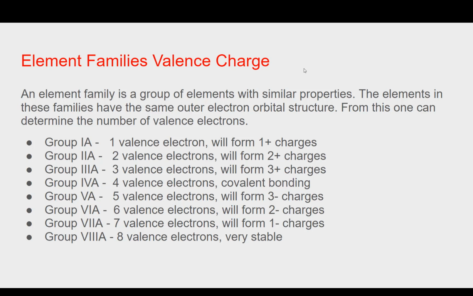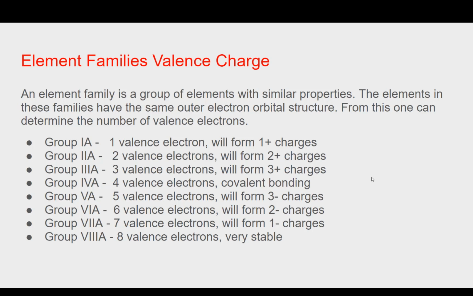What's kind of nice is that anything in group 1A has 1 valence electron, and if you remember correctly, elements like that want to be stable, so they're either going to lose electrons to attain a stable configuration, or gain. If you're in group 2A, you have 2 valence electrons, so it's going to lose those 2 and have a 2+ charge.